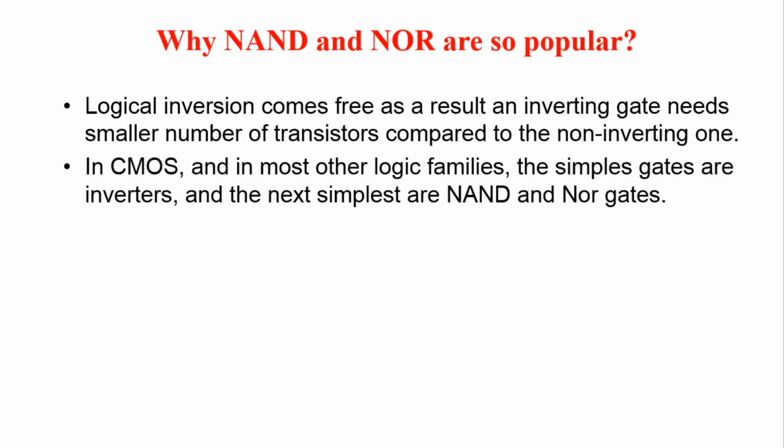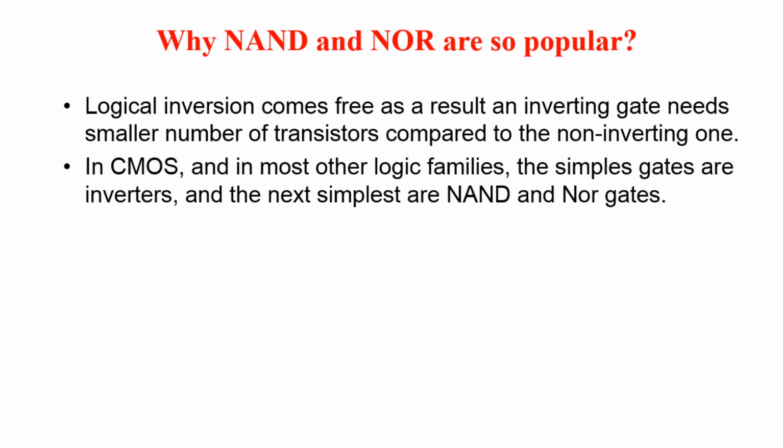There is another question. Why are NAND and NOR gates so popular? So here is the answer. Logical inversion comes for free. As a result, an inverting gate needs a smaller number of transistors compared to a non-inverting one. In CMOS and in most of the other logic families, the simplest gates are inverting, and the next simplest are NAND and NOR gates.